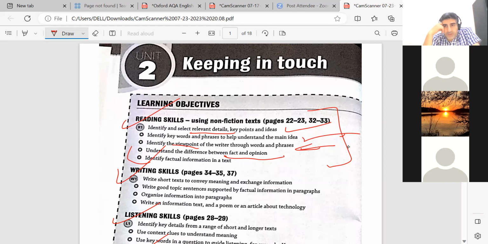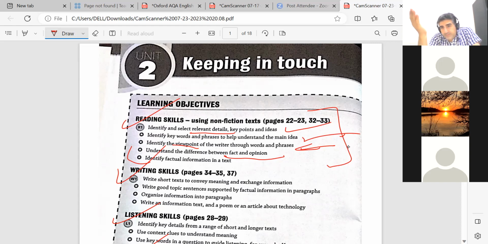Is it fact or opinion? I am 20 years old. Fact or opinion, Muhammad? Fact. I am 20. I live in Cairo. Fact. My dad is a teacher. Fact.